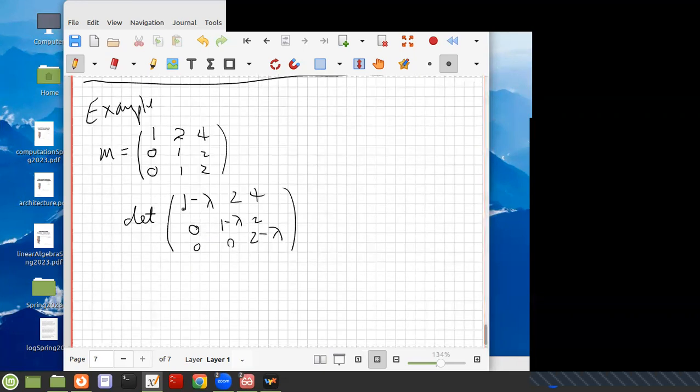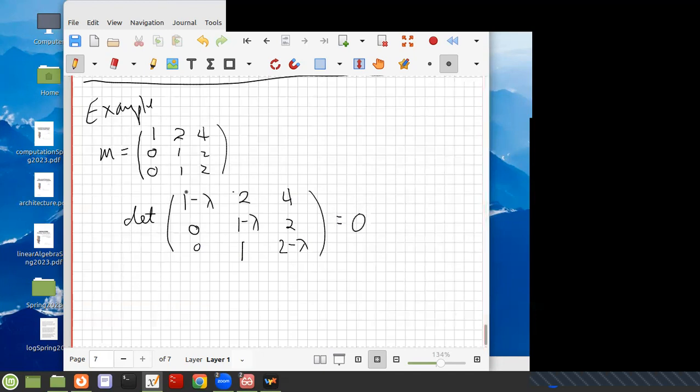Is that 2, 4? Oh, this is a 1 here. Is that a 2 and then a 4 you put at the top? Yes, okay. This is badly written. Let me see if I can write this more clearly. 1 minus lambda, 0, 0; 2, 1 minus lambda, 1; and 4, 2, 2 minus lambda. Okay, and this is going to equal 0.